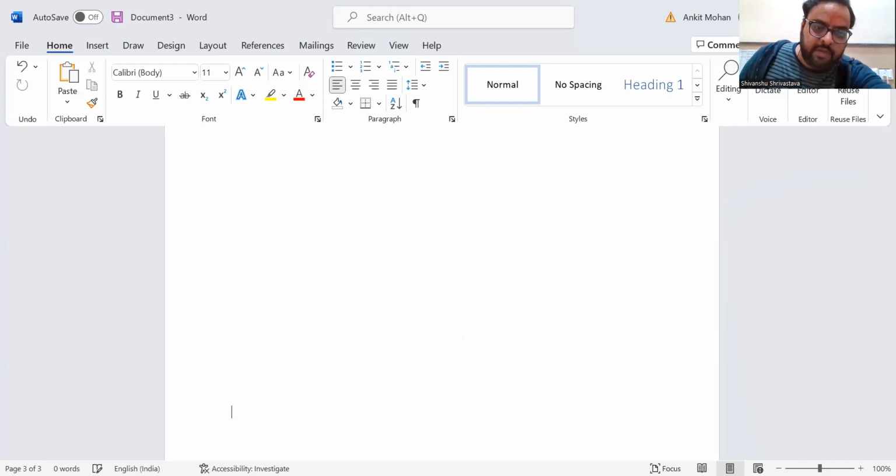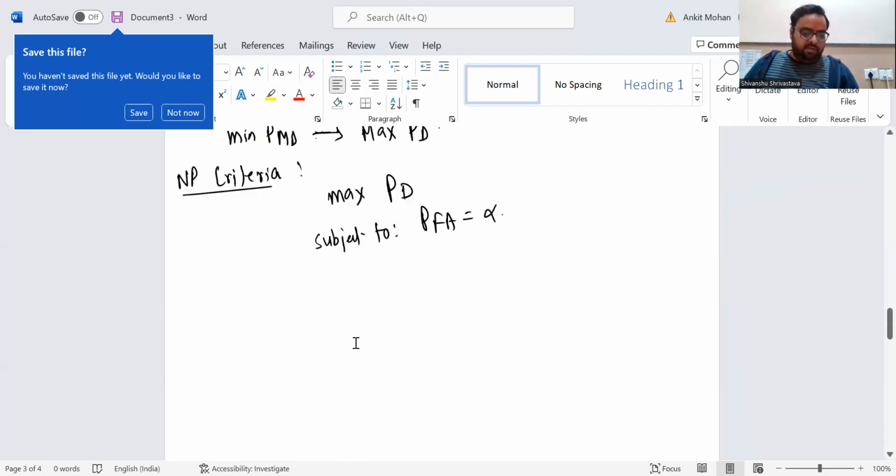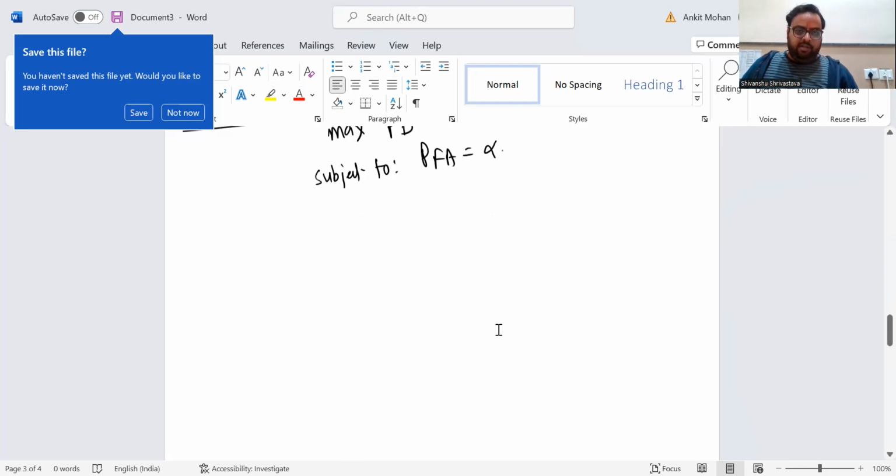Now let's see how we solve this criteria. This is a very rough, very abstract way of understanding the Neyman-Pearson criteria.